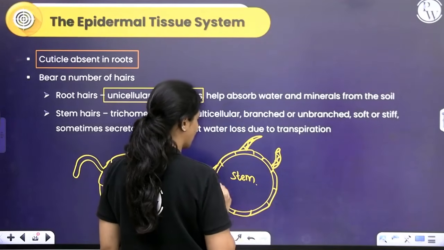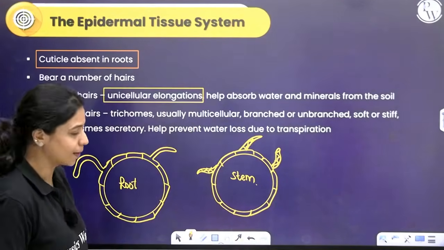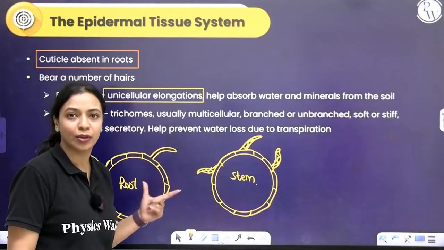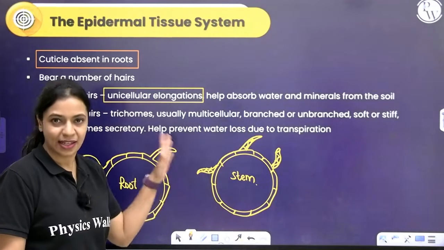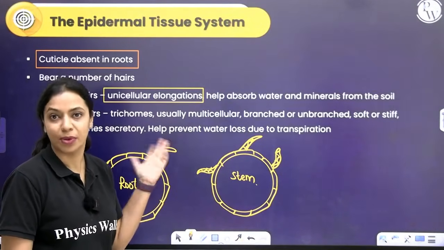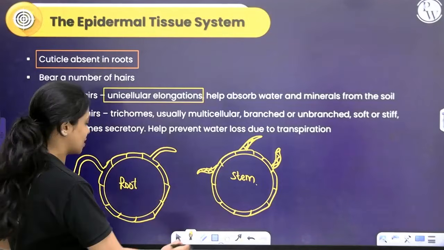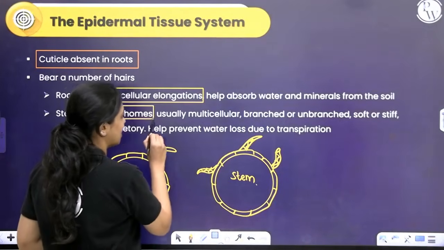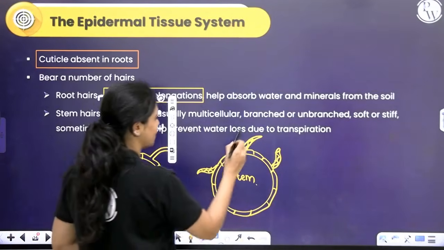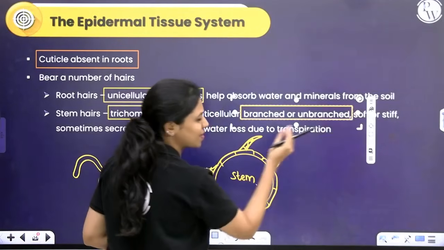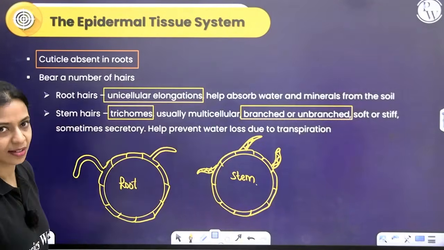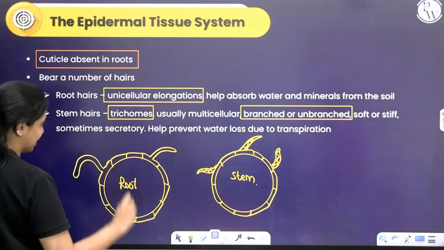Root hair is present in the root, trichomes are present in the stem. But stem hair, unlike root hair, are multicellular generally, and sometimes they may be branched also. They are usually multicellular. They may be branched or unbranched. Sometimes they are soft, sometimes they are stiff, sometimes they are secretory as well.